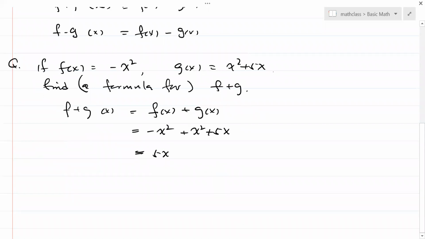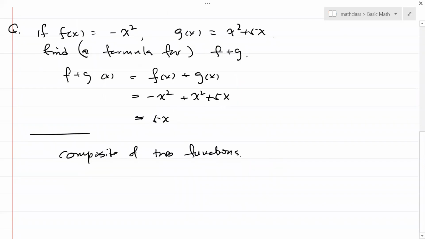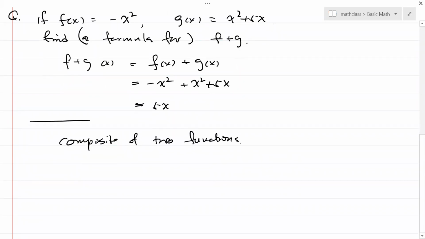Sounds simple. You can also talk about the composite of two functions. What does the composite of two functions mean? Given f and g, sometimes I don't put x there.